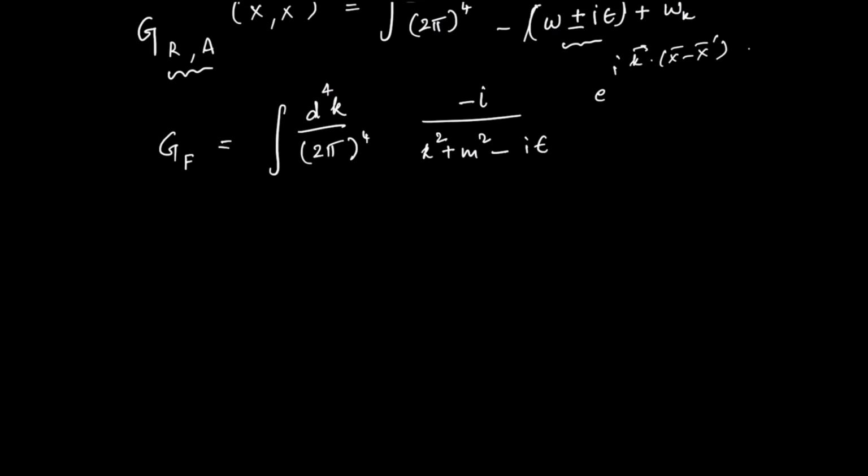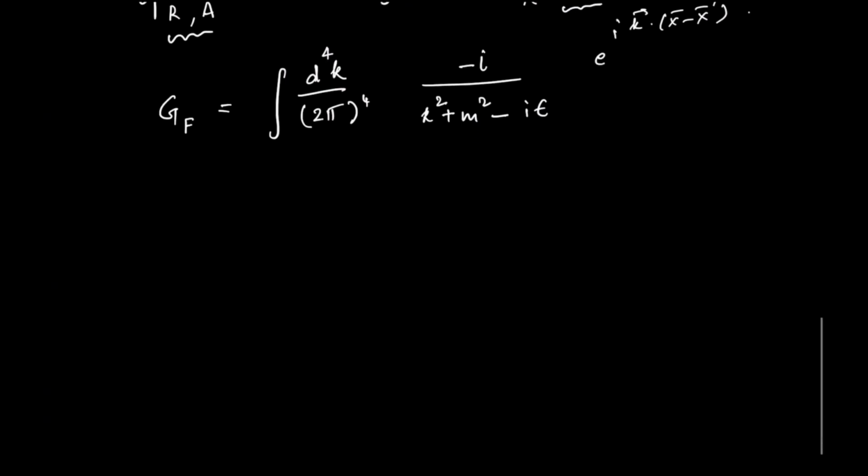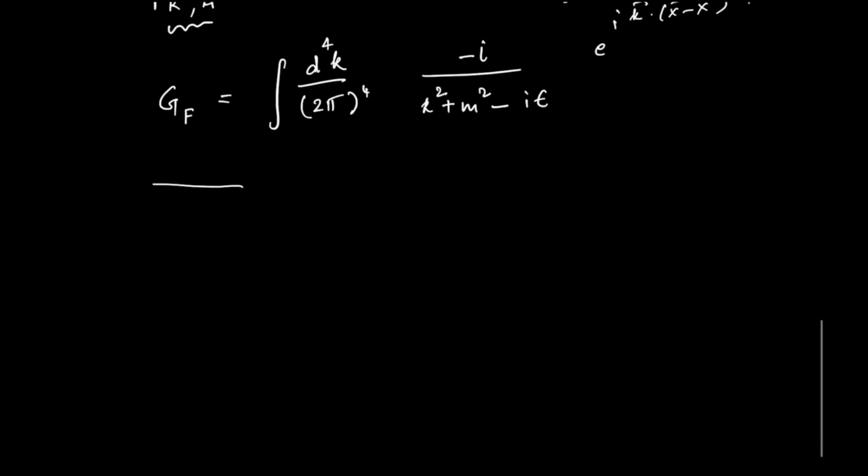So when you solve for omega, you get the situation where one pole will move up and the other will move down. So that is for the Feynman function. From the contour integration point of view, the precise shape of the contour is not important. It only matters what singularity it encloses.